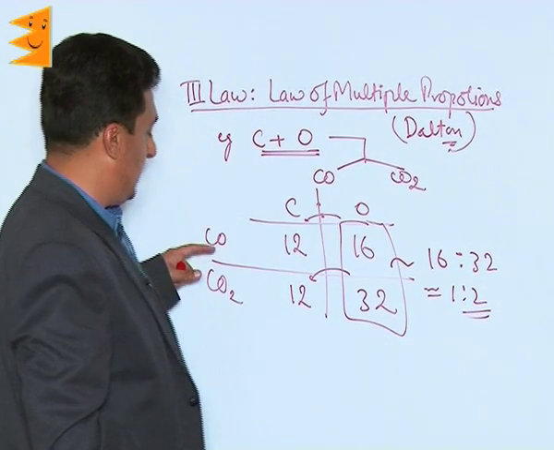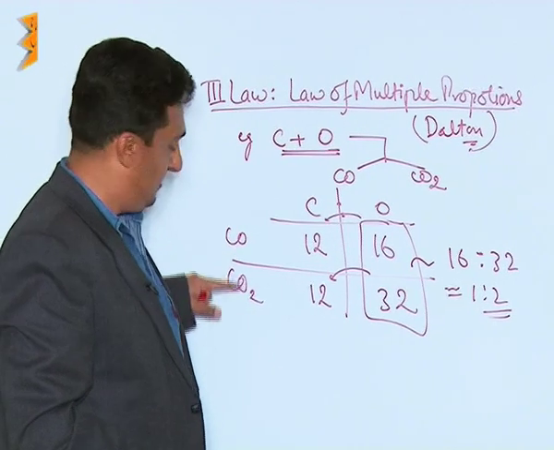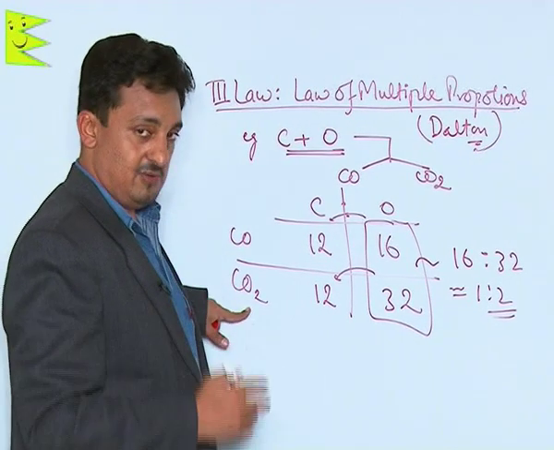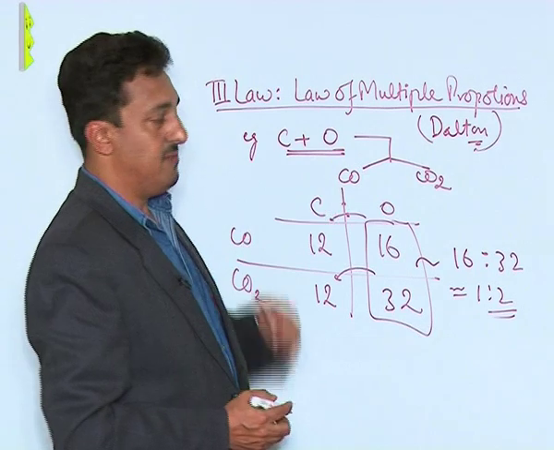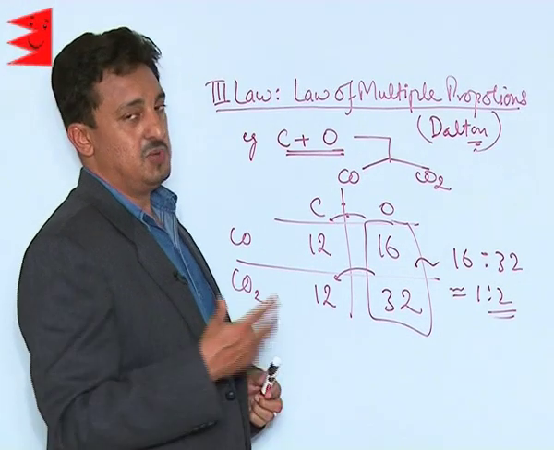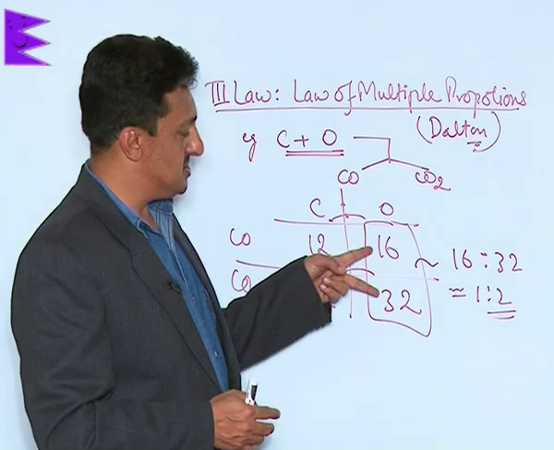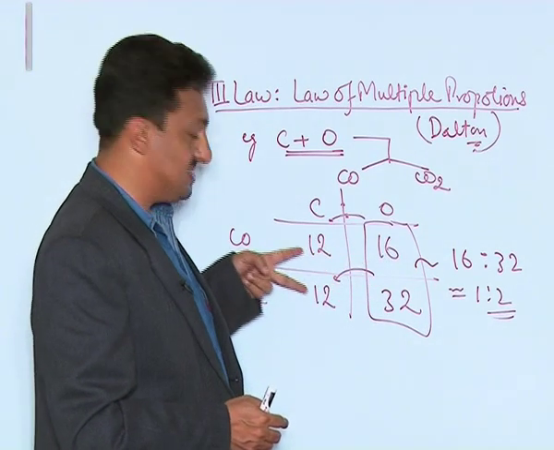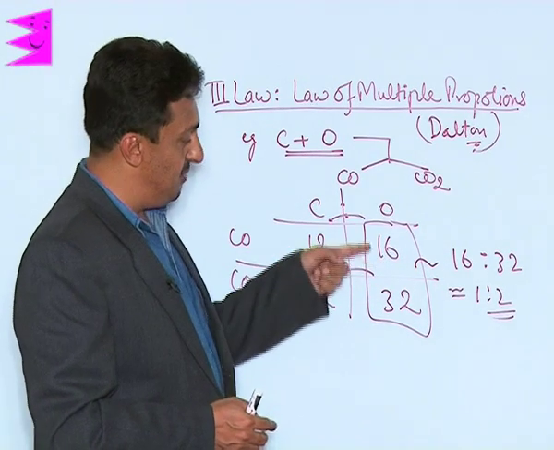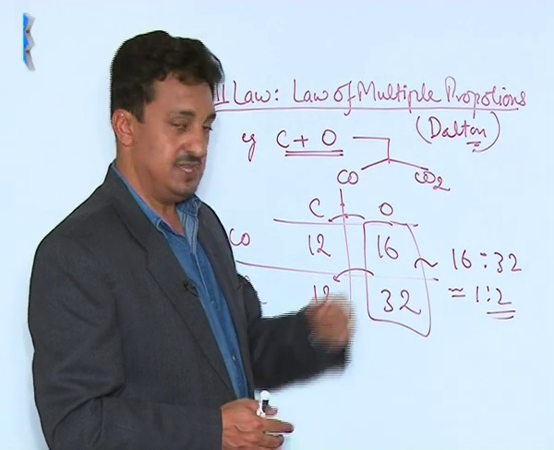That is why the first molecule contains only one oxygen and the second contains two. So this is the law of multiple proportions. When two elements combine to form two or more compounds, the different masses of one of the elements combining with fixed masses of the other bear a simple ratio with each other.